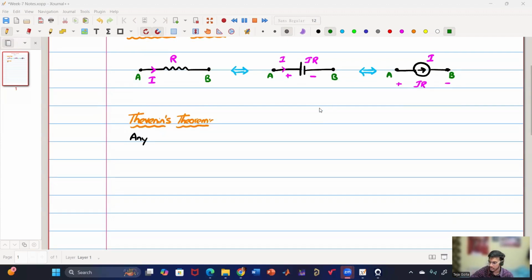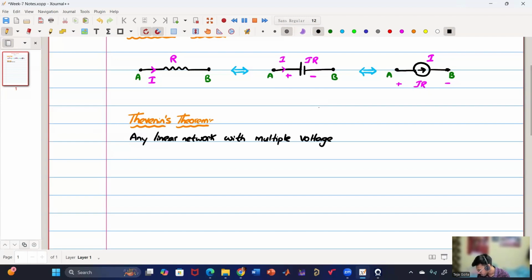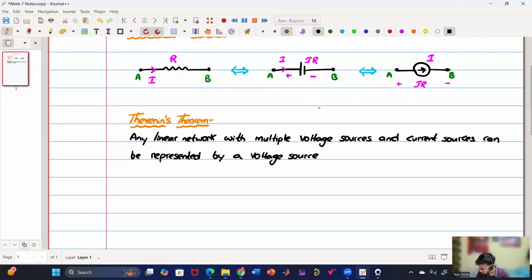Okay. So Thevenin theorem says that any linear network with multiple voltage sources and current sources can be represented by a voltage source, the value is named as VTH, Thevenin, in series with an impedance, which we call as Thevenin impedance.